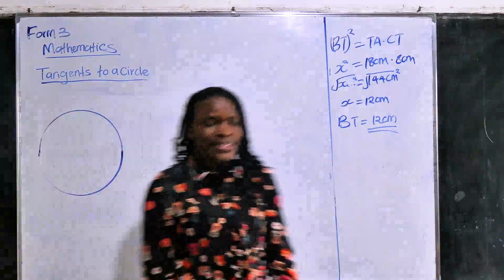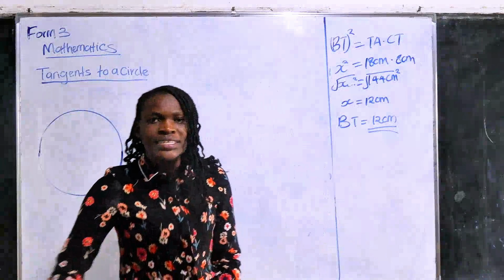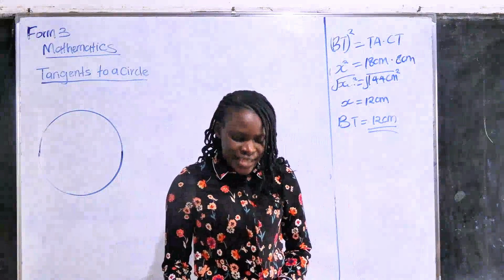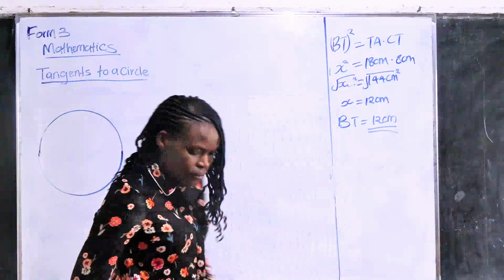So we have a circle, and on this circle, we have the tangent.